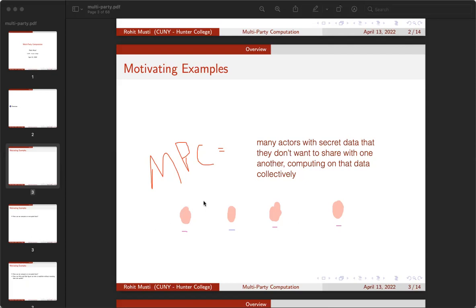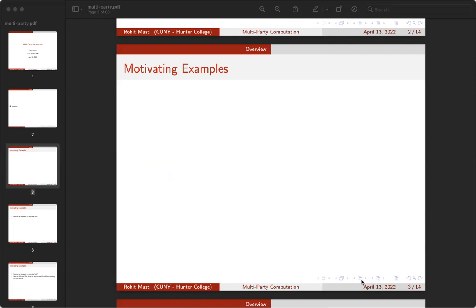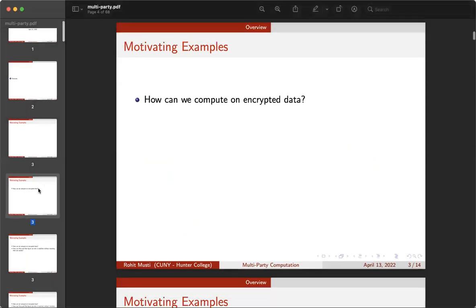So what we want is a system that allows us to compute on the data, take the mode of the colors, but not everyone wants to share their data. So we need some kind of mechanism for this to occur. Let's talk about some other examples where you might need this kind of mechanism.